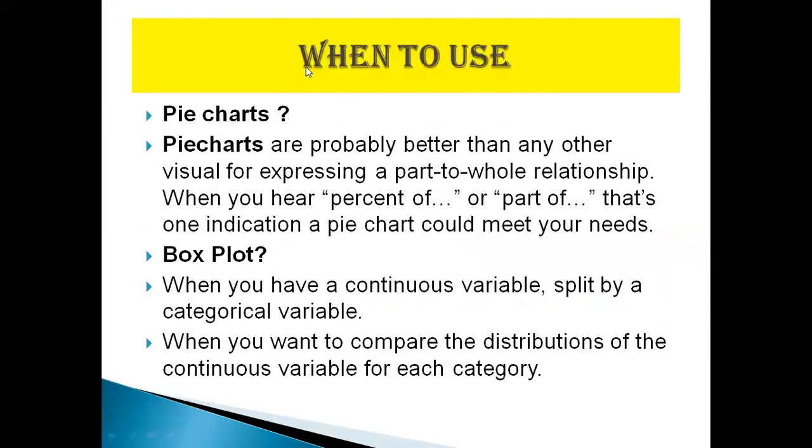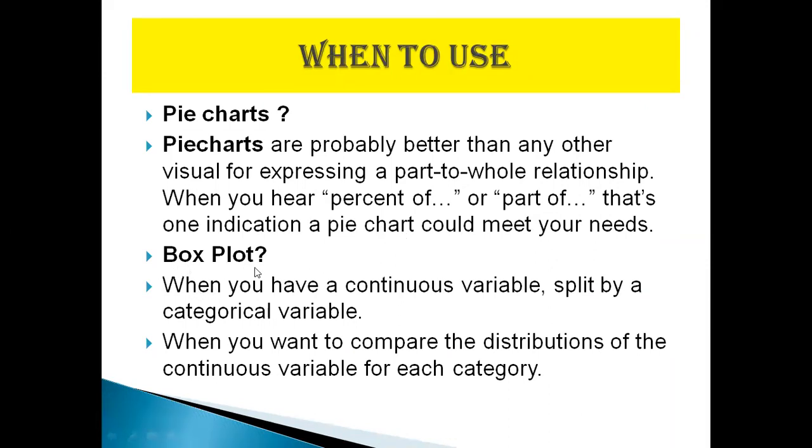you should know when to use pie charts. Pie charts are probably better than any other visual for expressing a part to whole relationship. So when you hear percent of, or part of, that is the indication to use the pie chart.